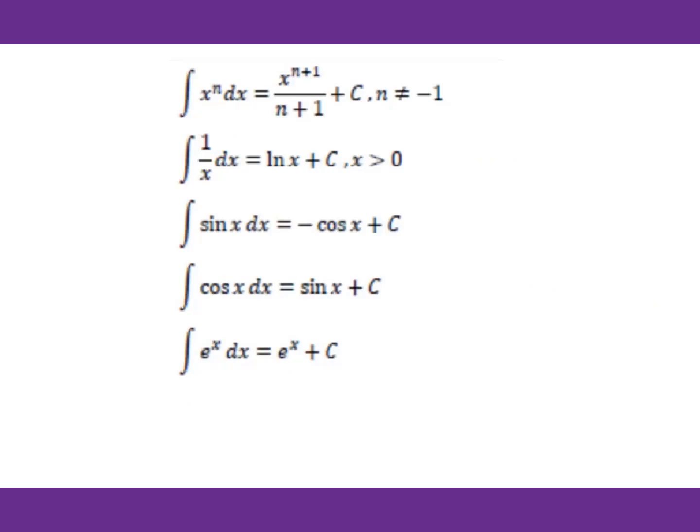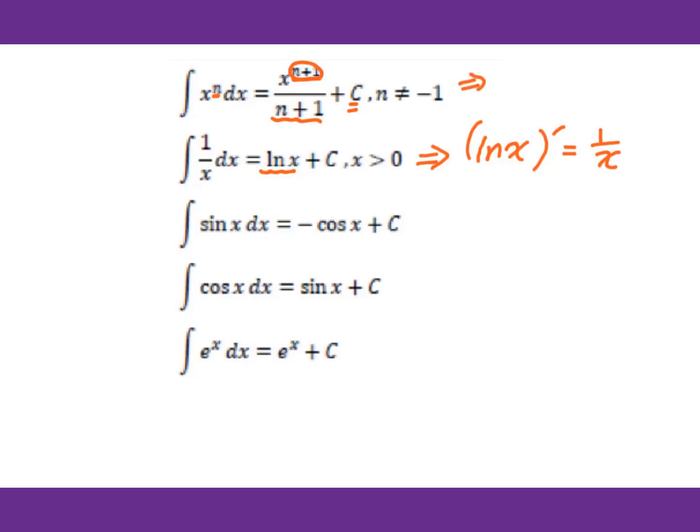So try to remember this formula for x to the nth power: you add 1 to the exponent and then put n plus 1 as the denominator. Don't forget this c. If it's 1 over x, you will get natural log of x, because when you do the derivative of natural log of x, that equals 1 over x.